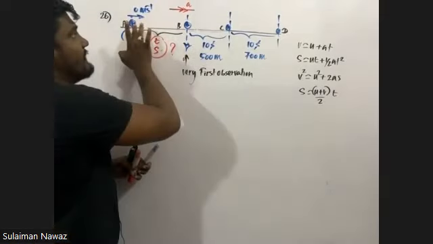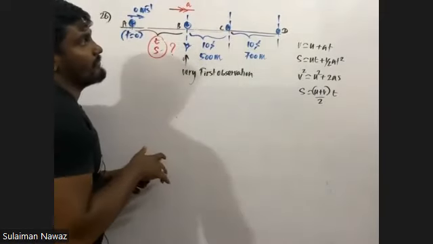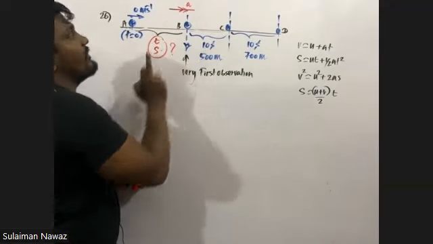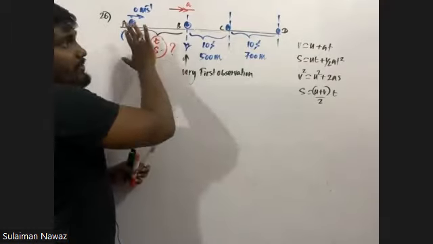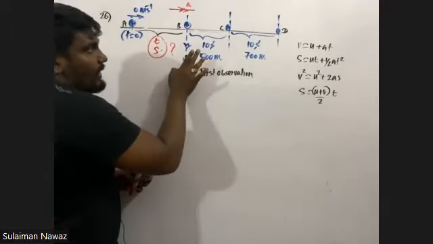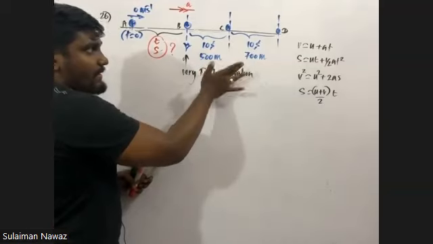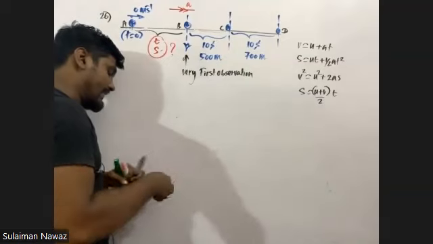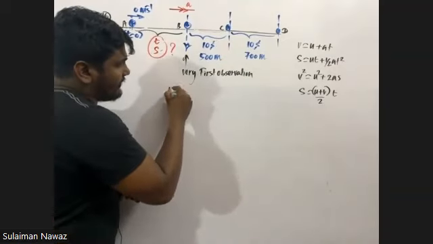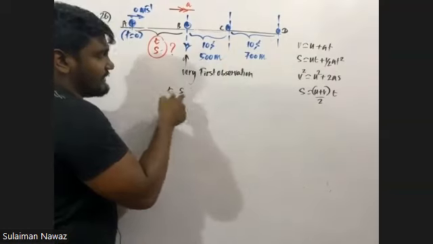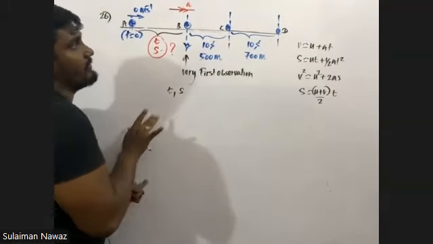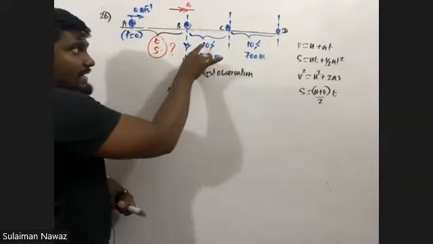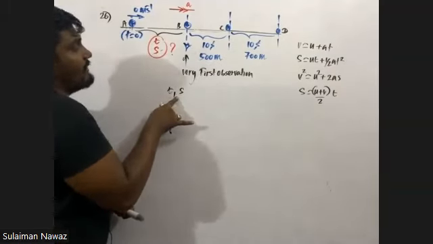One can consider A to C motion and A to D motion, because look here, they have given time and displacement. Your selected linear motion equation must include displacement and time. S and T must be there in whatever linear motion equation you select, right?